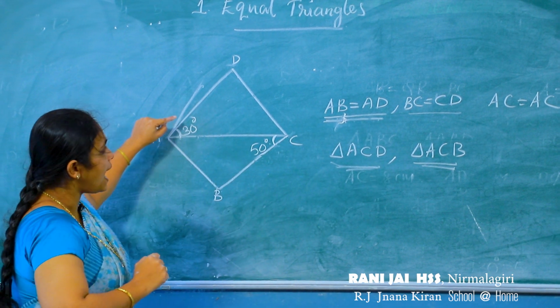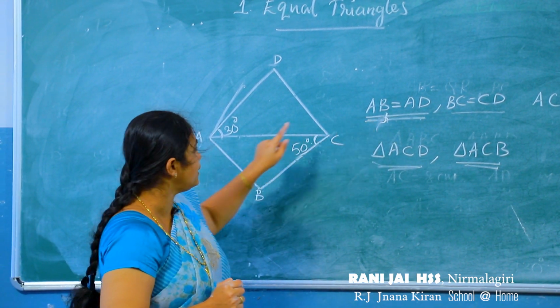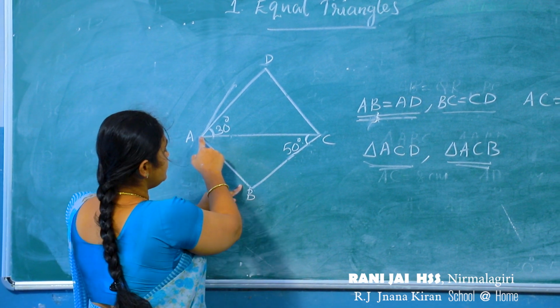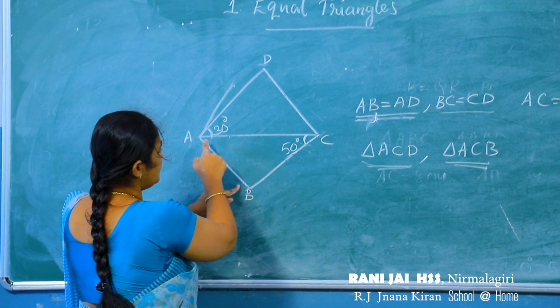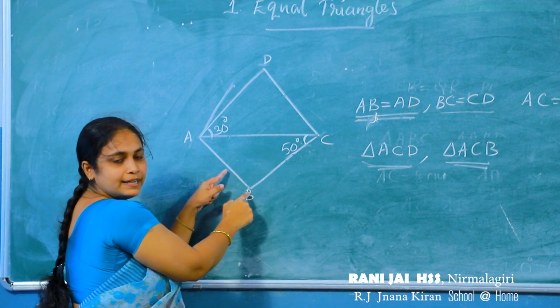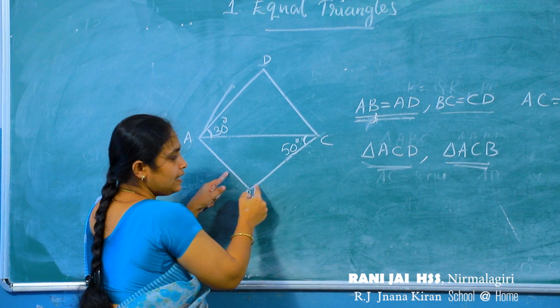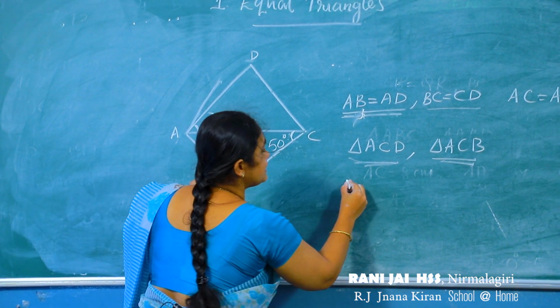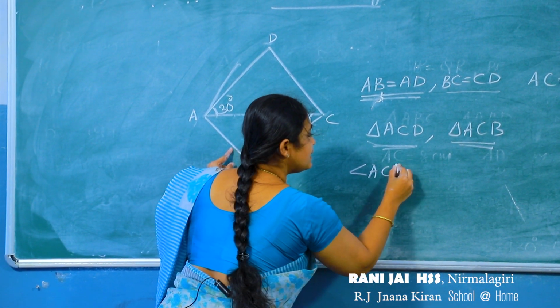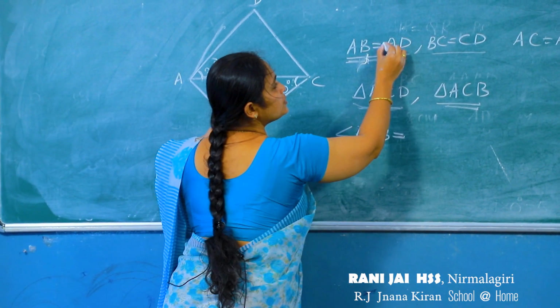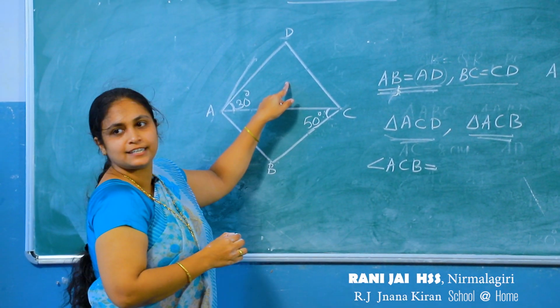Then, what is the angle opposite of AB? Angle opposite of AB in this triangle is angle ACB. Okay, that is angle ACB equal to angle opposite of AD in this triangle.